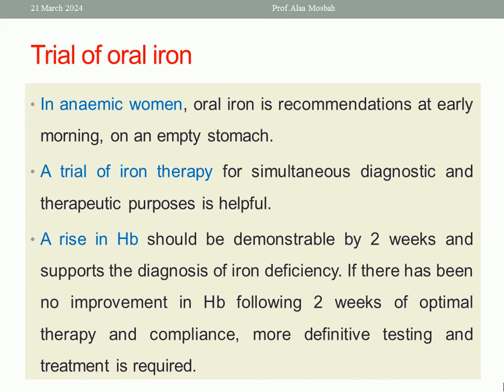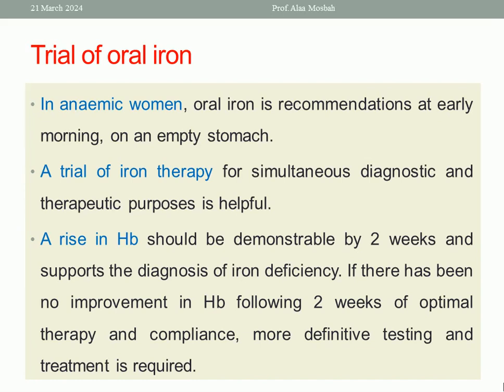What do you expect from this oral iron? To increase the hemoglobin after 2 weeks. And if this happens, this supports the diagnosis of iron deficiency. So your test is positive. Yes, this is a case of iron deficiency anemia, because when I gave oral iron supplementation in the proper way and the patient was compliant, there is a rise in hemoglobin, so this is diagnostic that this case was an iron deficiency anemia.